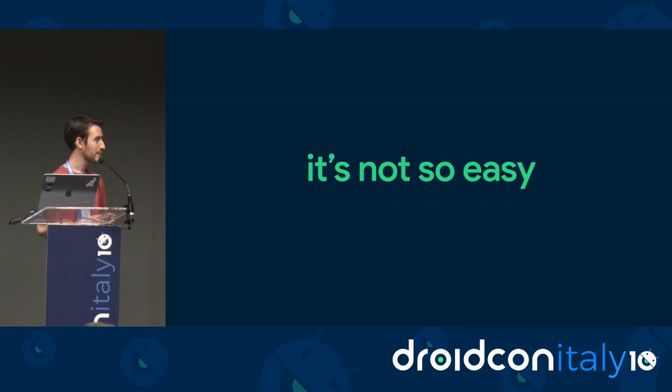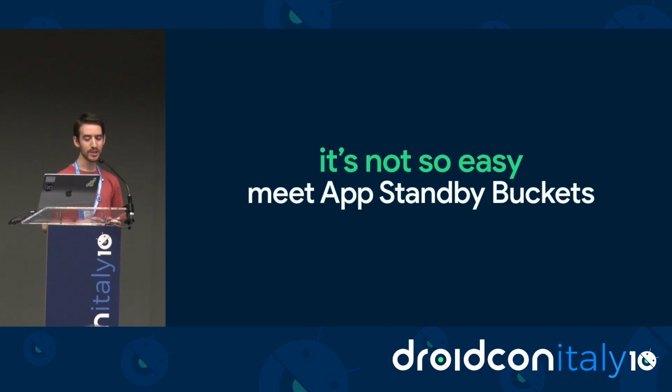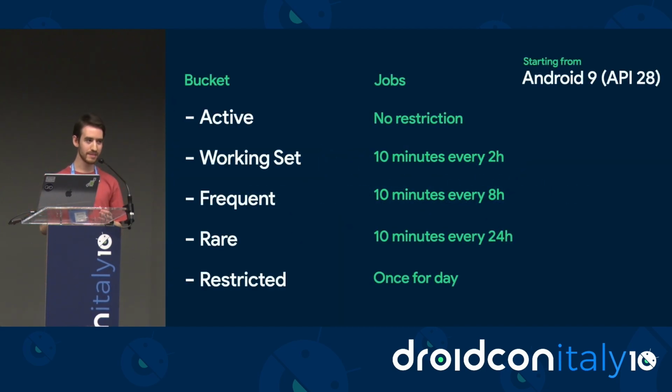It's not so easy, because this isn't the only constraint in this time. You have to know also about app standby buckets. Starting from Android 9, Android takes all the apps on the device and categorizes them into some categories, which are based on the usage of your app.